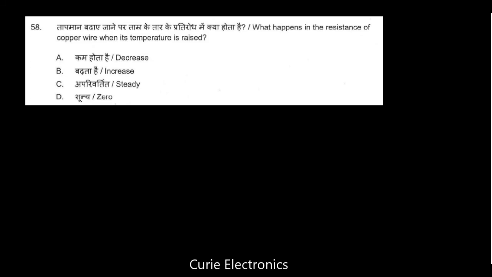Question number 58. What happens to the resistance of copper wire when its temperature is raised? For metals, when temperature increases, the resistance also increases.